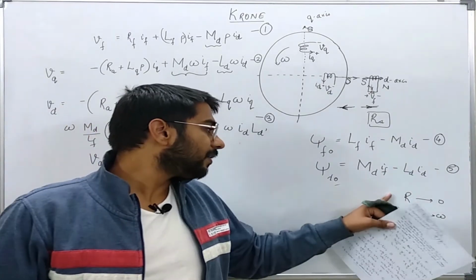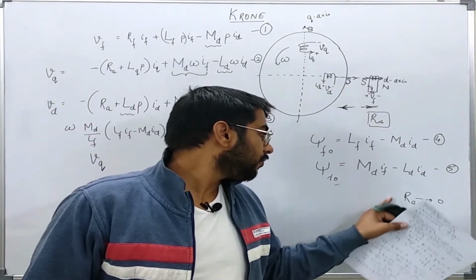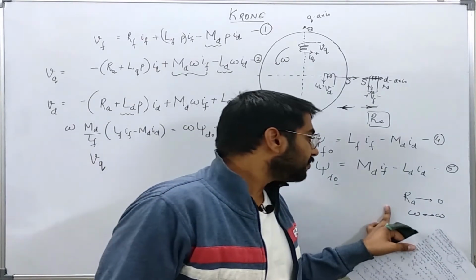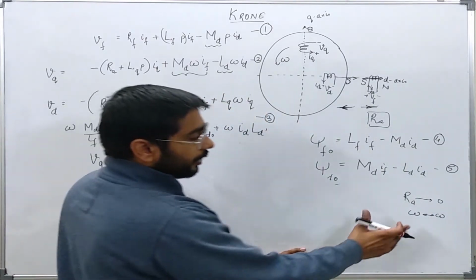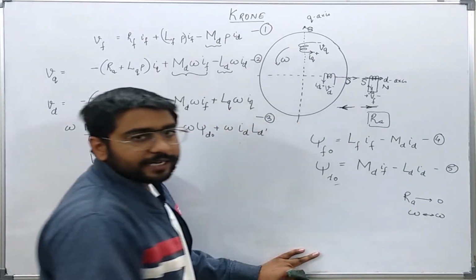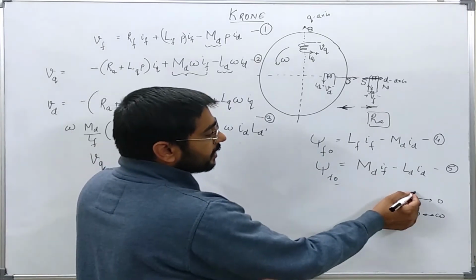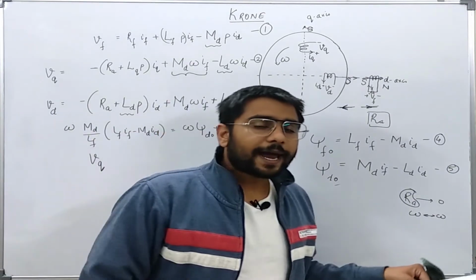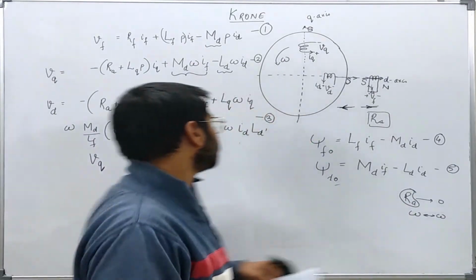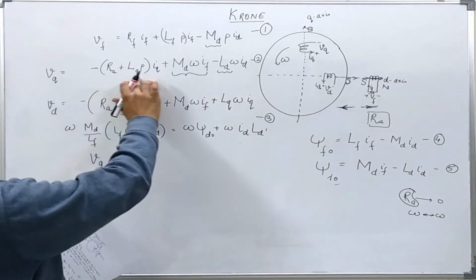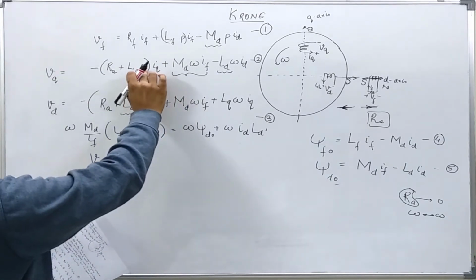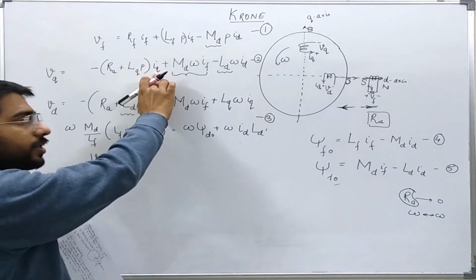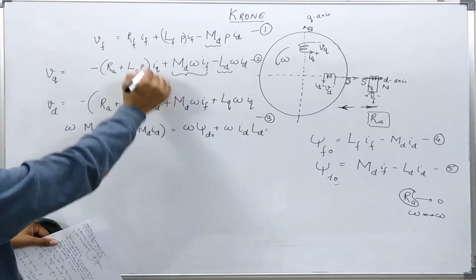Practically these two are very near to this assumption, since due to inertia the speed will not change instantaneously and the resistance is also negligible for the windings, so we are very close to the actual scenario. So VQ, now this d/dt term will be 0.